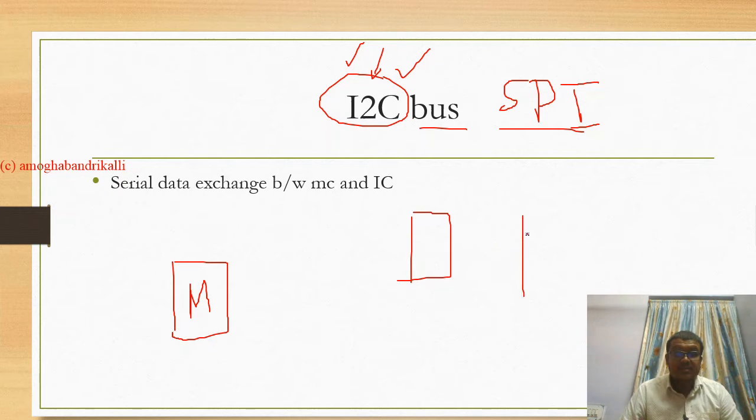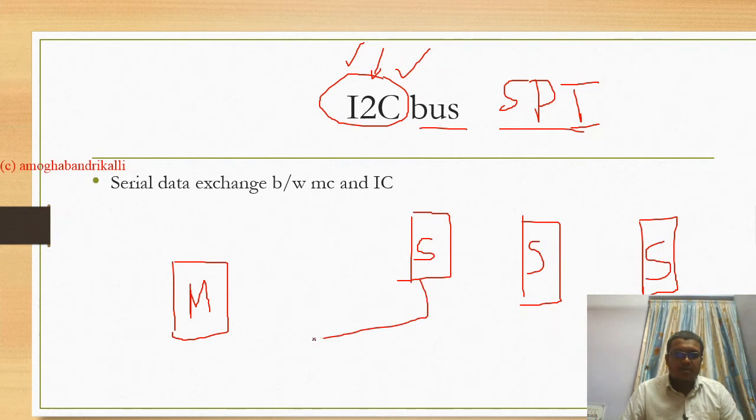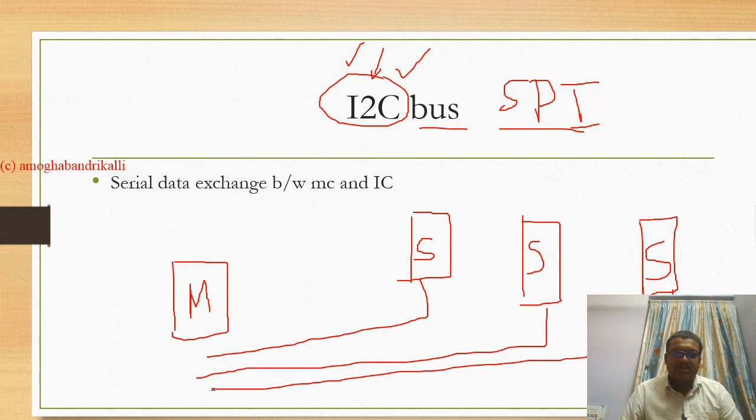There is a master, connected to several slave devices. Through the address, the master communicates with one slave at a time.